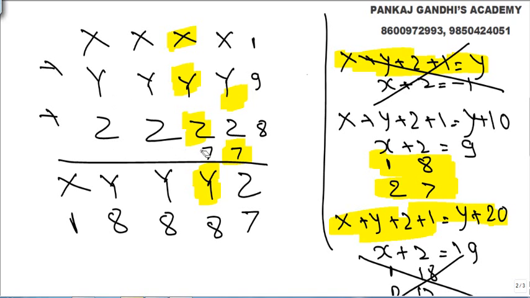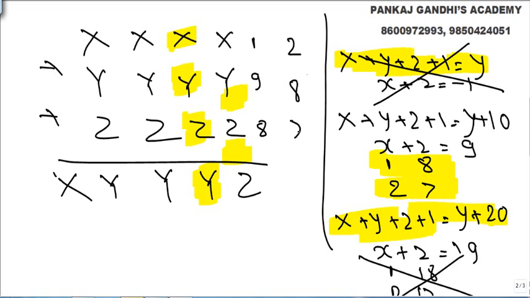We tried 287: everywhere we got x as 2, but here we got 1, so it's not possible.